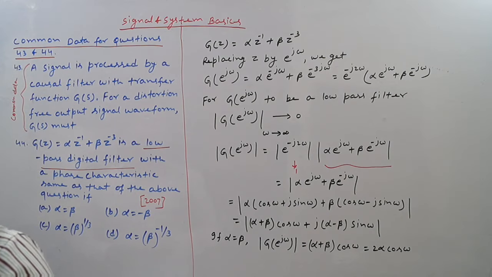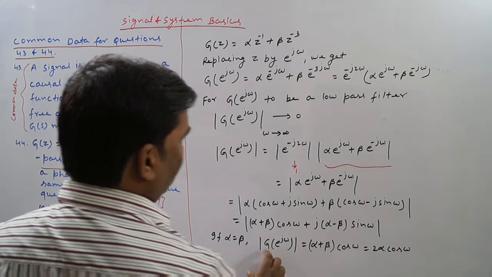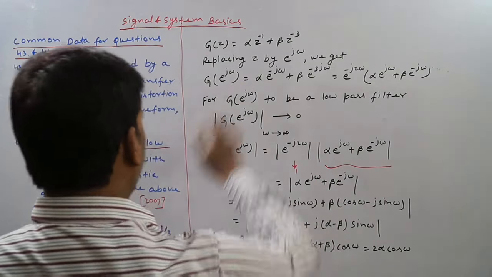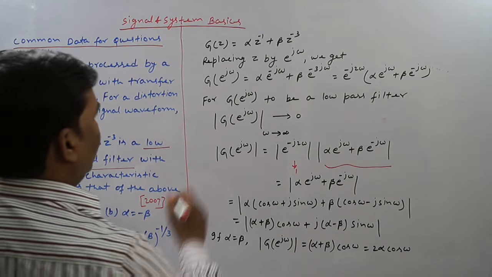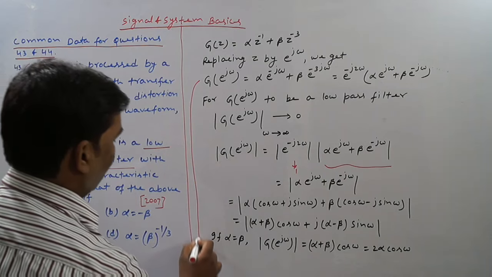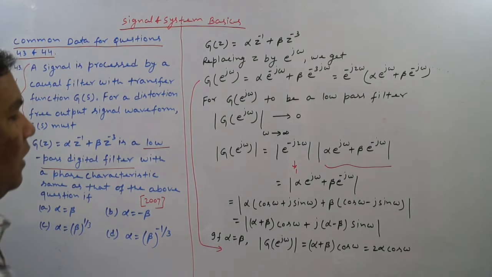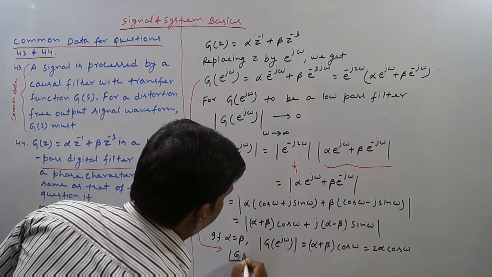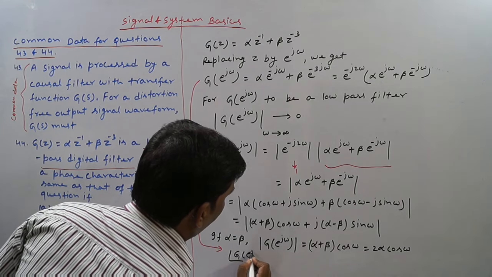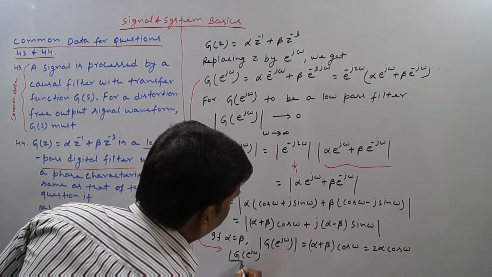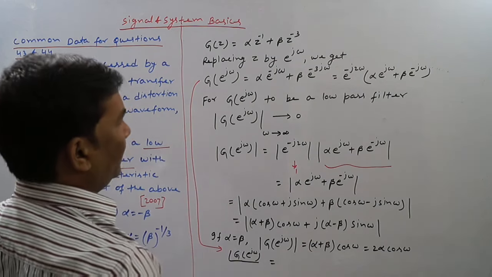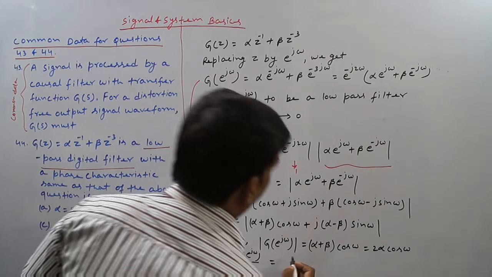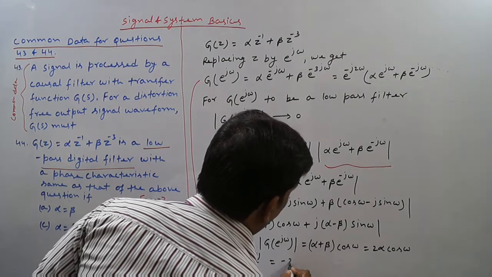So now if alpha equal to beta, then mod g e to the power j omega will be 2 alpha cos omega, and we can write from here, the angle of g e to the power j omega will be nothing but minus 2 omega.